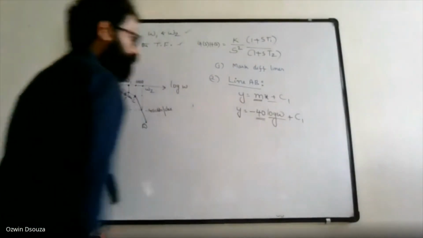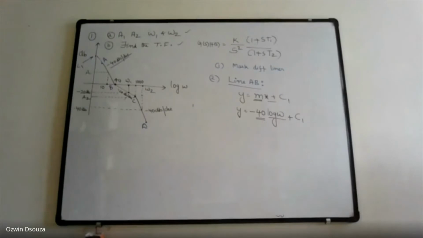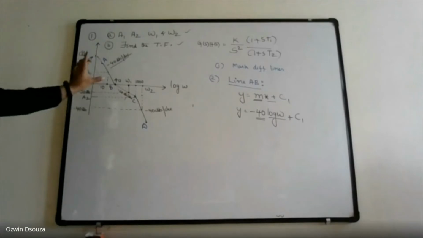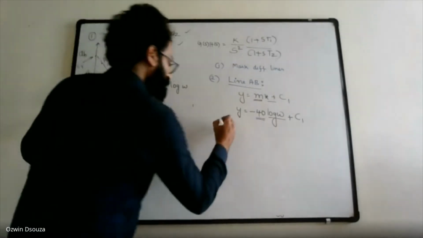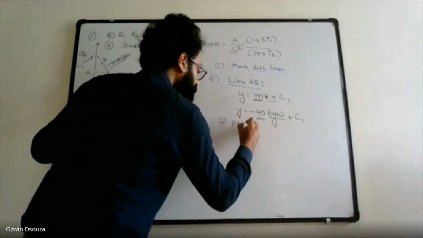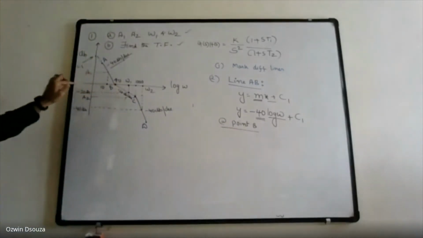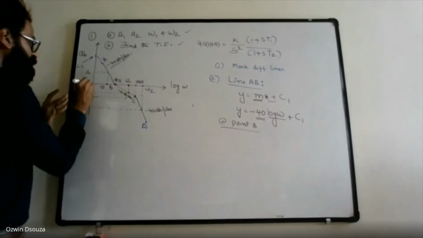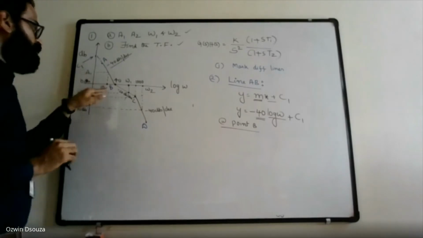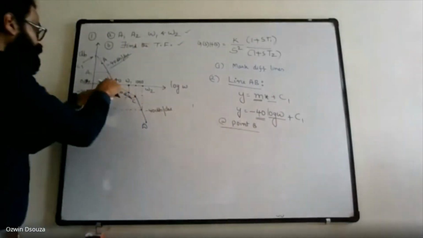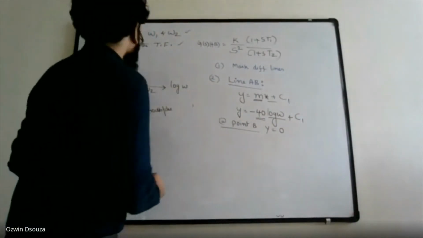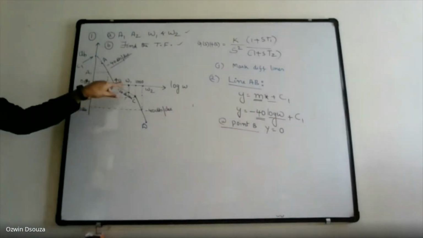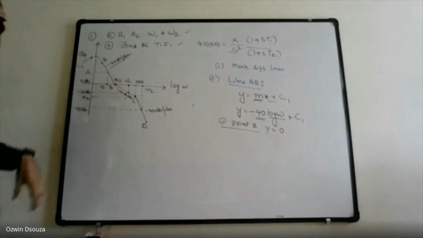Once you are done with the equation of the straight line, what we have to do is substitute different points in this line. We have some information at point B. At point B, what information do we have? The magnitude is 0 because this is 0 dB, so y is equal to 0. And at point B, what is the frequency value? The frequency value is 40.